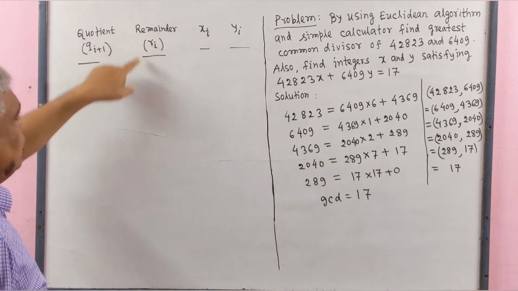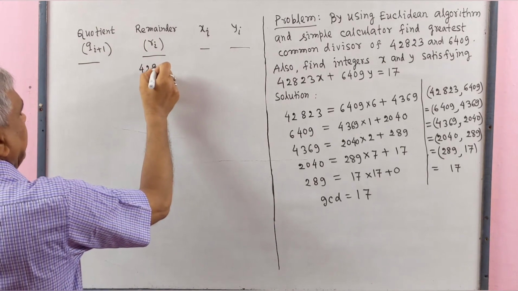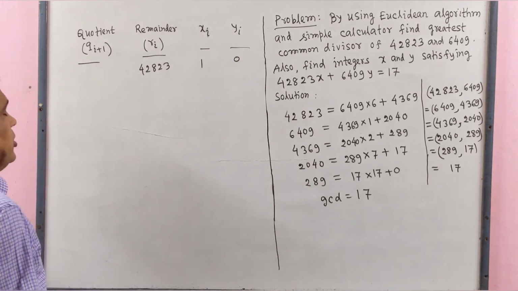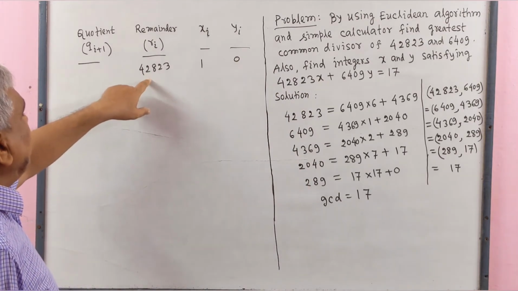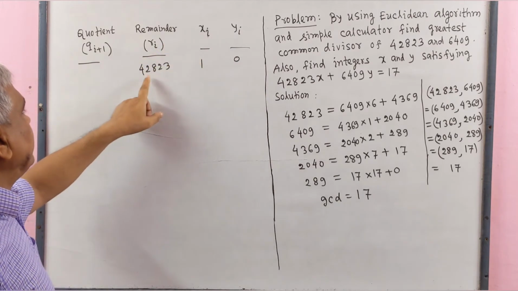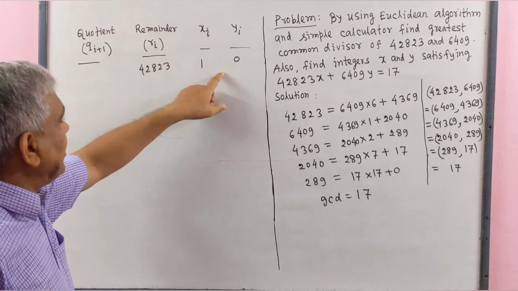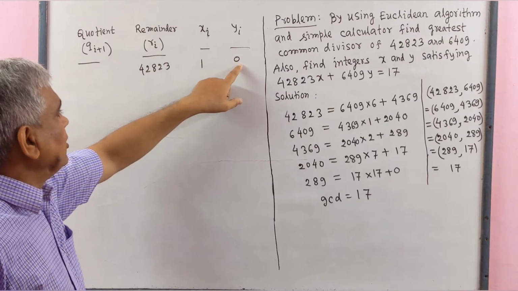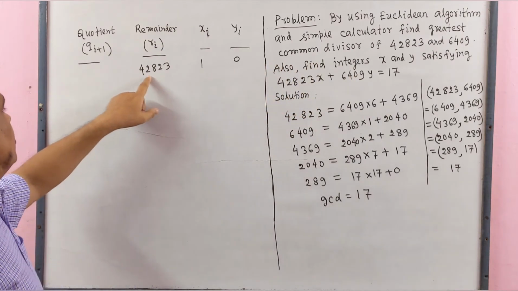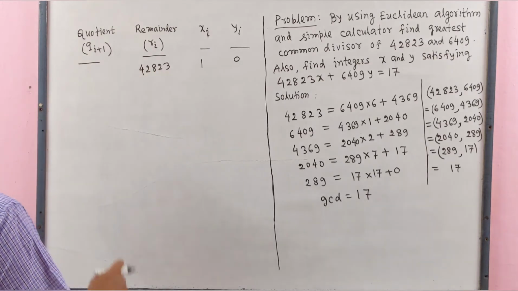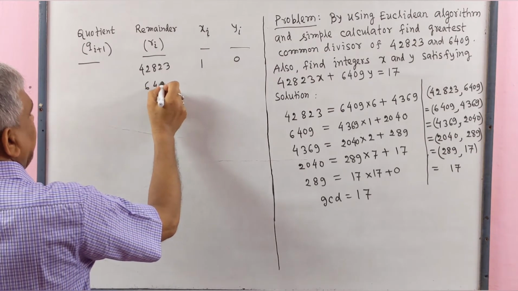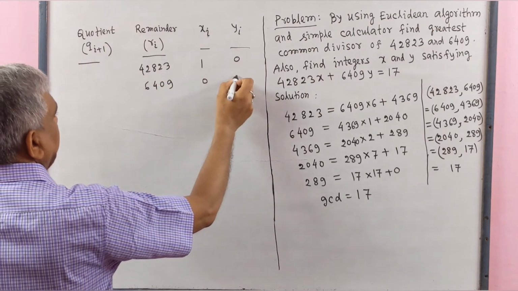Here we first write 42,823, then 1 and 0, because 42,823 equals 1 multiplied by 42,823 plus 0 multiplied by 6,409. Second, we write 6,409, with 0 and 1.